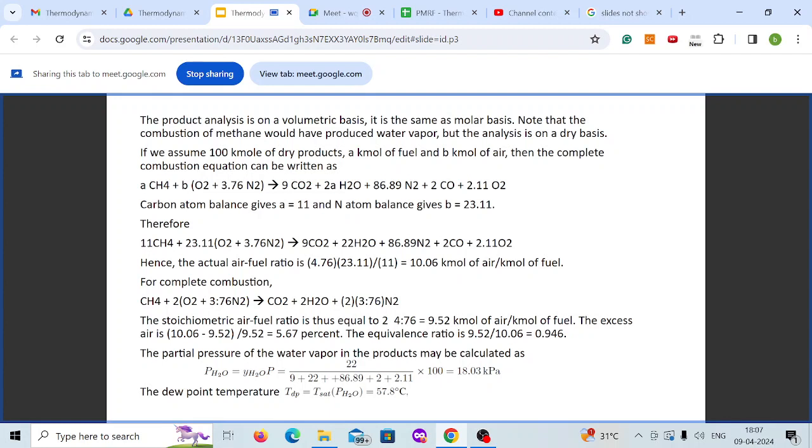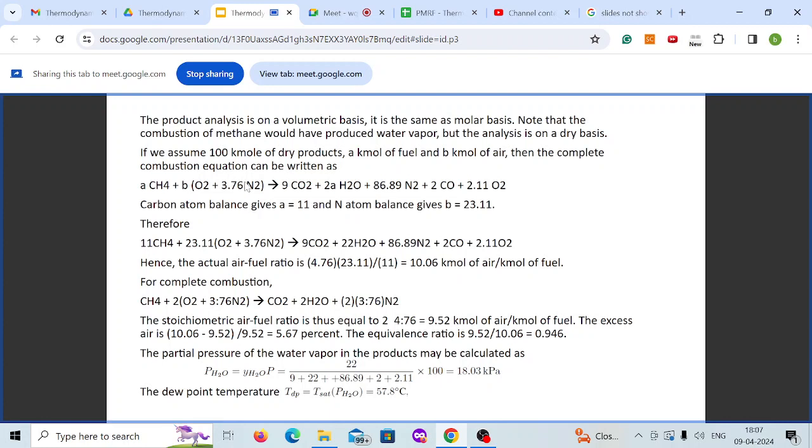So if you see how much carbon is present in the reactants equal to that present in the products, A into 1 in the reactant will be equal to 9 plus 2. That's the amount of moles of carbon present in the products. So your A will become 11. So you will use 11 moles of methane.